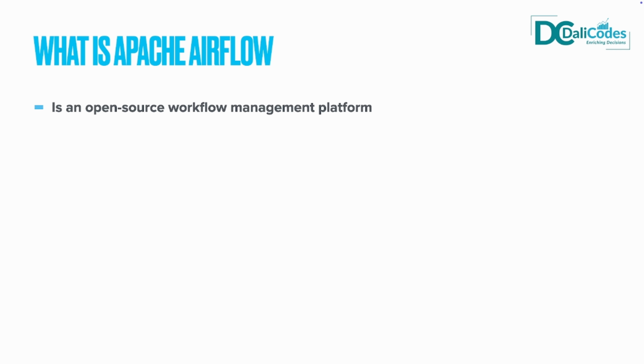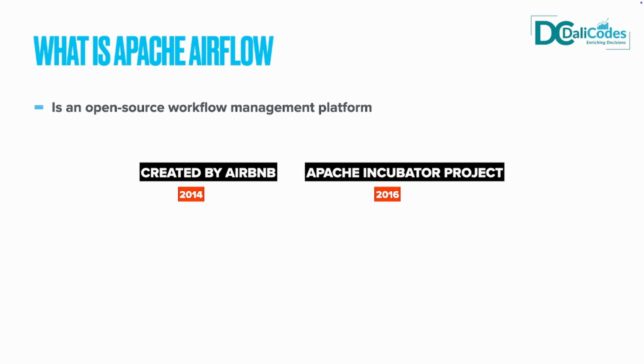So now that you know what a workflow is, let's get to understand what Airflow is. From the definition, Airflow is an open source workflow management platform. It was created by Airbnb in 2014, and in 2016, it became an Apache incubator project.